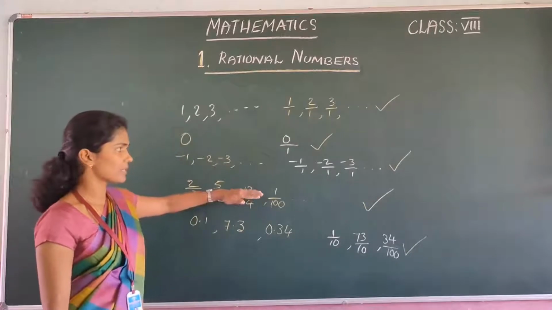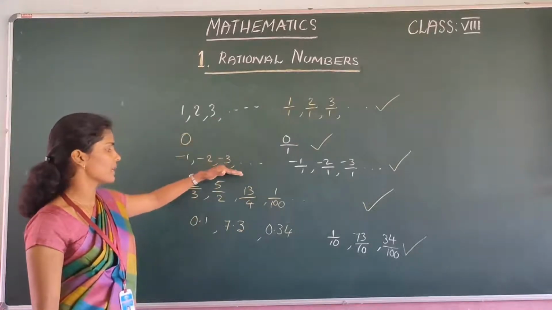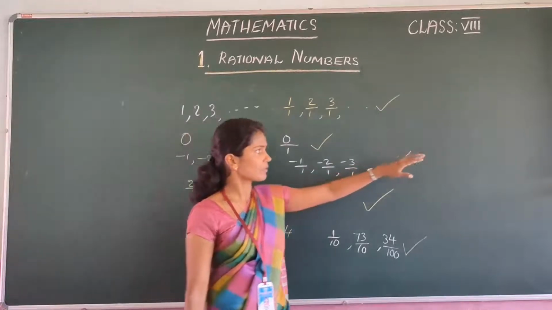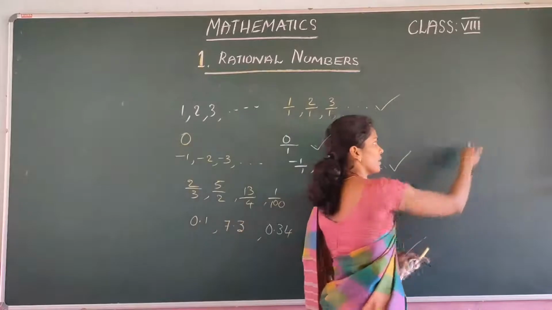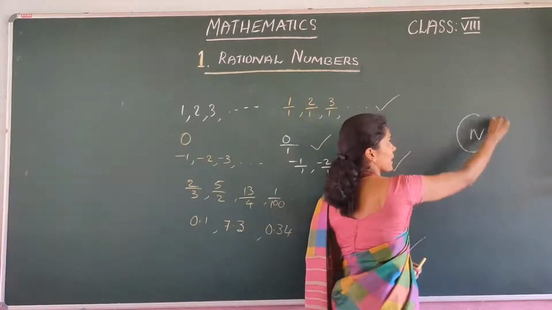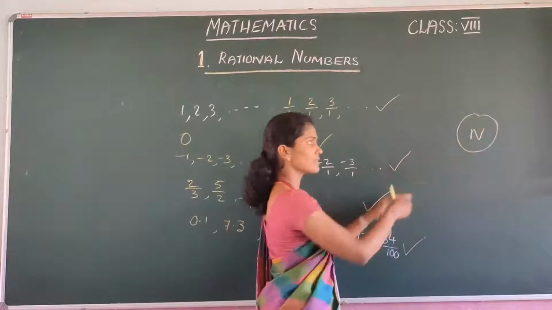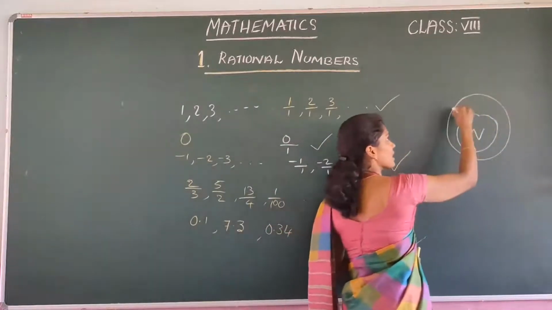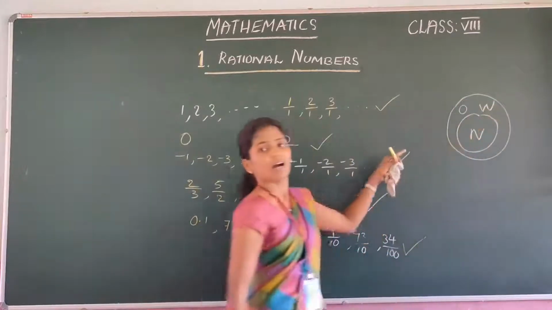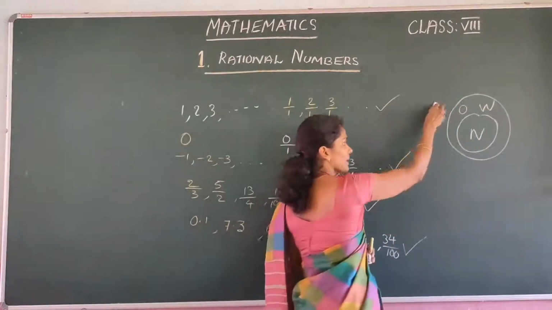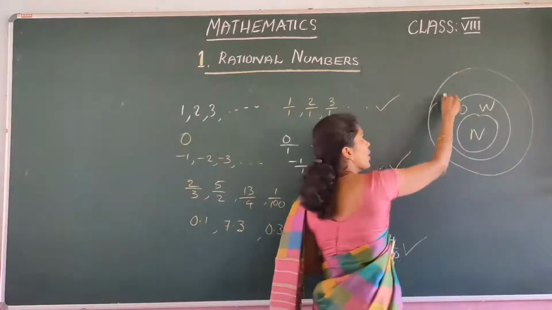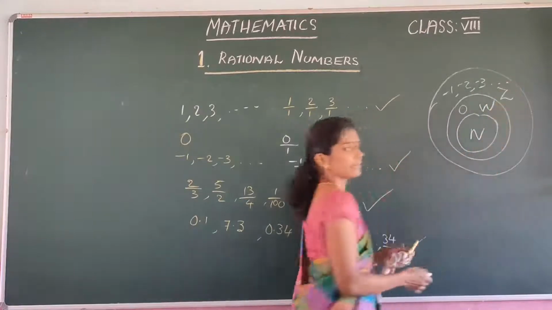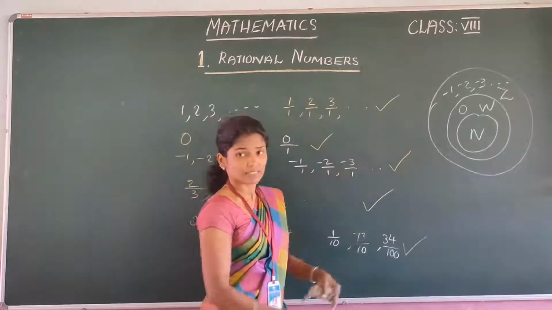Actually, natural numbers, whole numbers, integers, all these are rational numbers. Mainly, we draw a Venn diagram. First, natural numbers, including 1, 2, 3, 4, like that numbers. Including 0, we got W. Then, including negative numbers -1, -2, -3, we got integers.